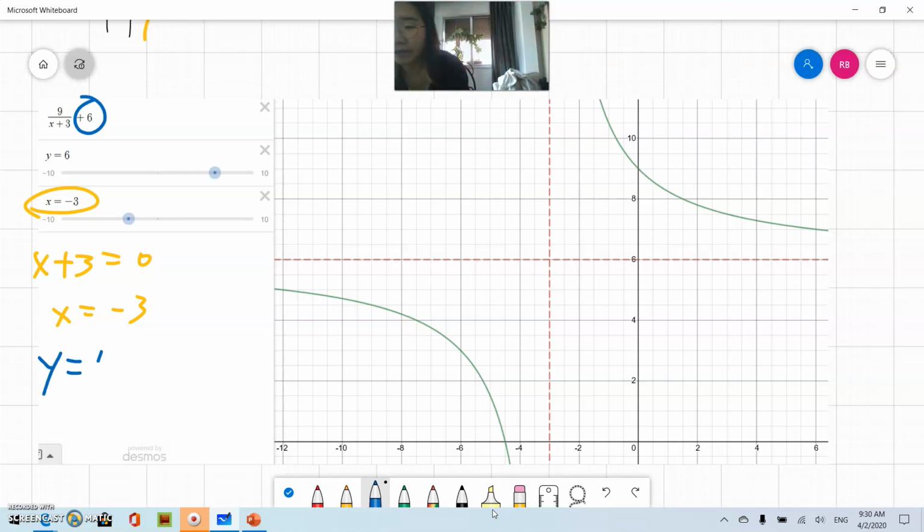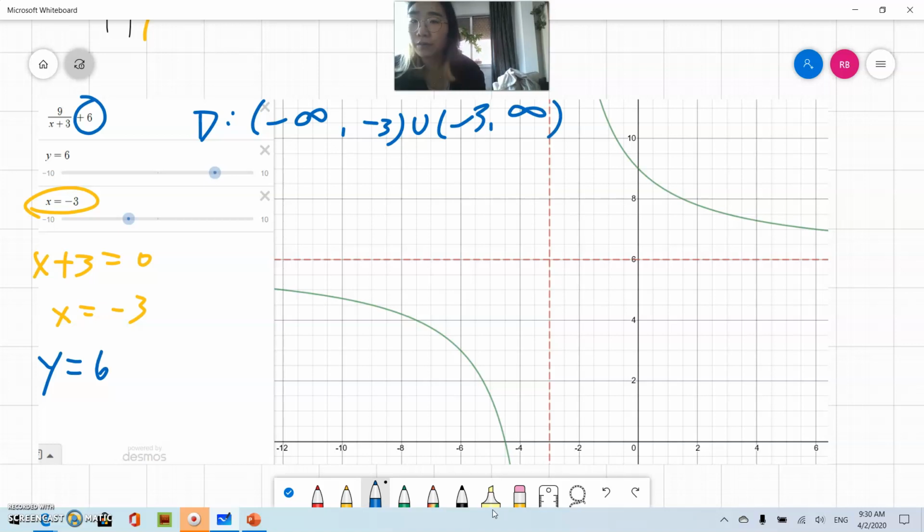So then my horizontal asymptote is now y equals 6. And so that's why my graph looks like this. And the domain would be from negative infinity to infinity except for negative 3. And the range would be everything except 6. Okay.